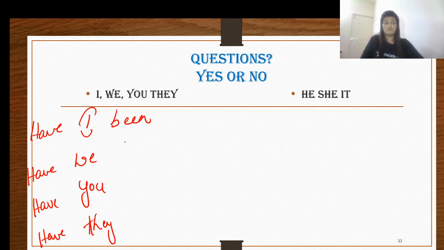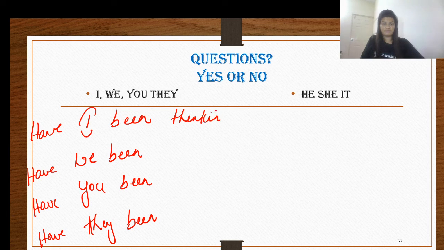Then to show the continuity, we introduce the word been with the right type of ing verb. So what are we going to use? Have I been thinking about moving a lot lately?